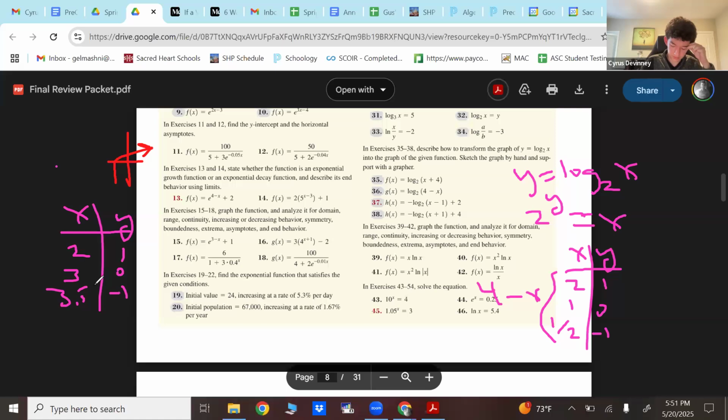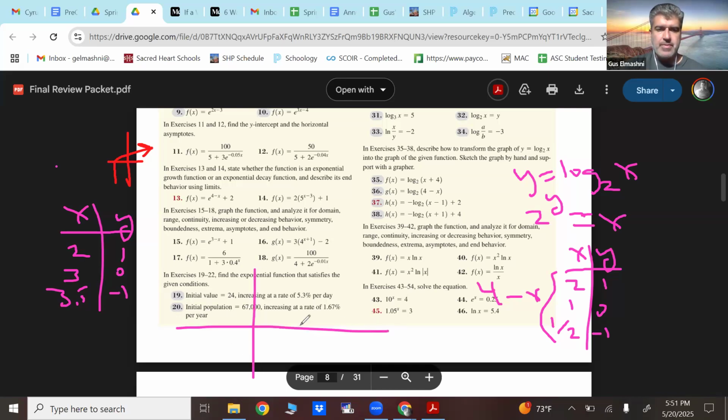Okay, and then for 36. Okay. And so you plot those, and your asymptote will be at 4.